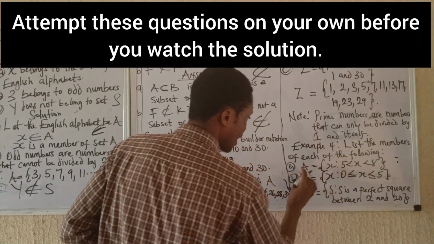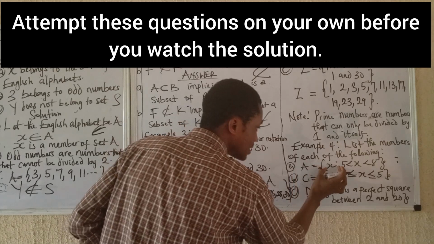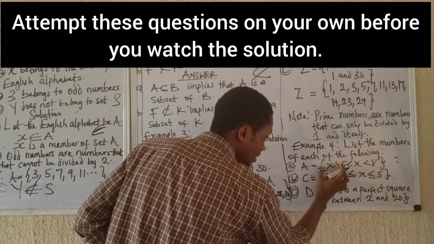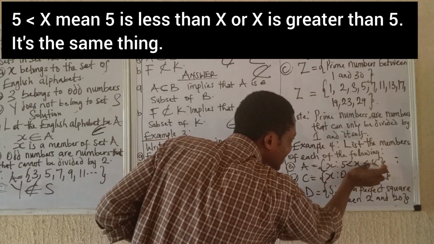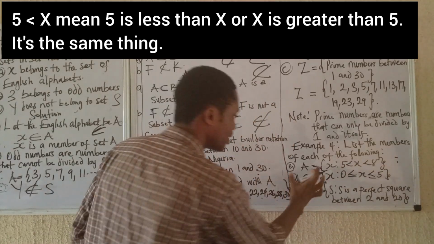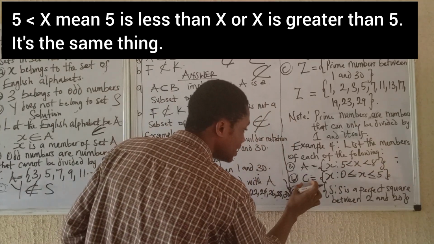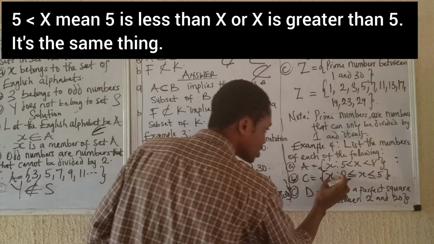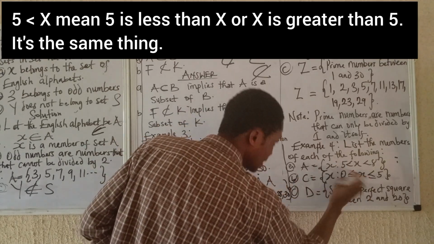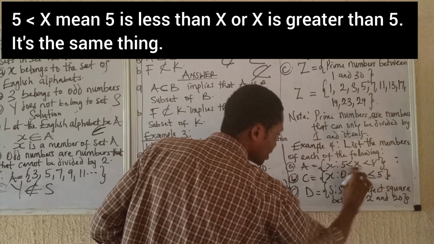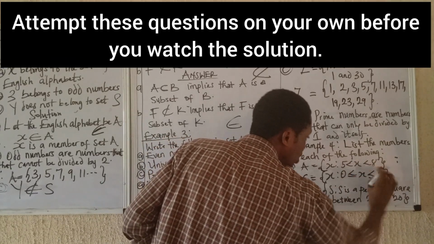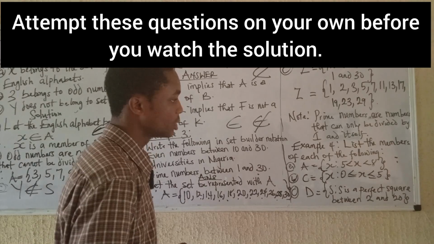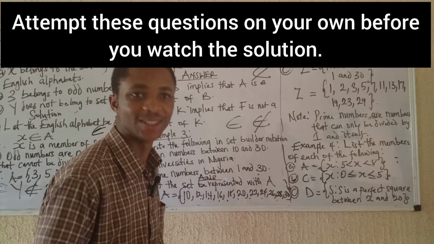Set A contains elements X such that X is greater than 5 but less than 8. While set C contains elements X such that X is greater than or equal to 7 and X is less than or equal to 5. So this is the way we interpret these things.